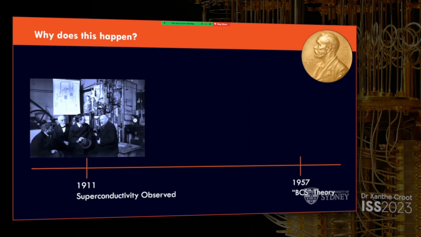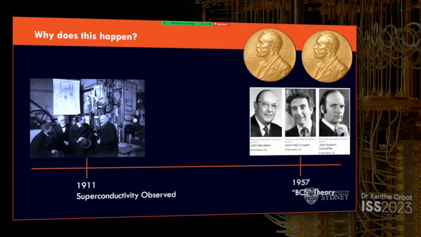But it wasn't until 1957 that these three gentlemen, John Bardeen, Leon Cooper, and John Schrieffer, proposed a theoretical framework to explain why the resistance of superconductors suddenly vanishes below a certain temperature. And they actually won a Nobel Prize for this work.